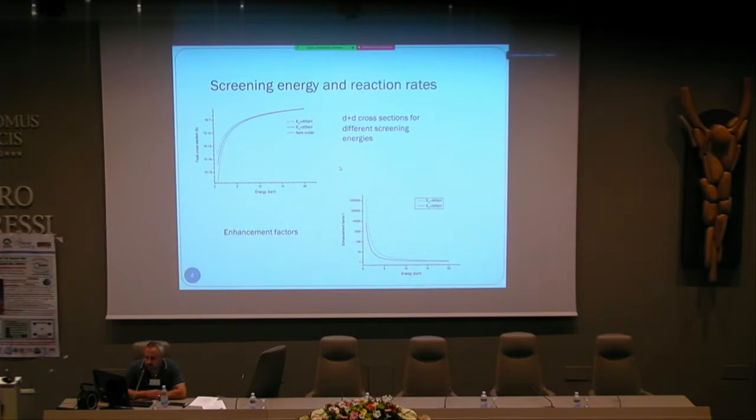Something that wasn't shown before, I think, is the dependence of the screening energy compared to bare nuclei and its impact on the cross sections for the DD reactions. As you can see on these graphs, the total cross section changes significantly if we change our screening energy.